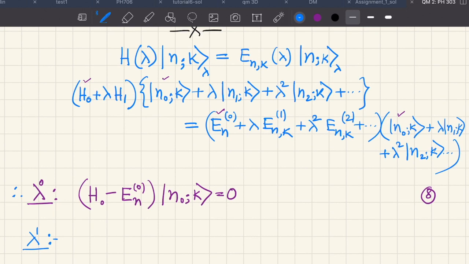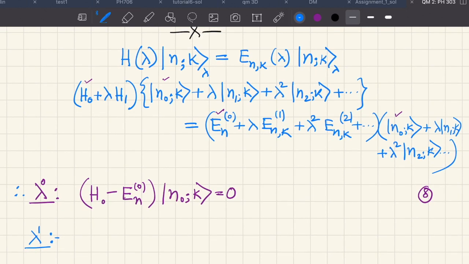So we have h naught into lambda and this n1k. So the lambda to the power 1 term will be having h naught from the left hand side, and then there is this lambda enk1 acting on n1k.